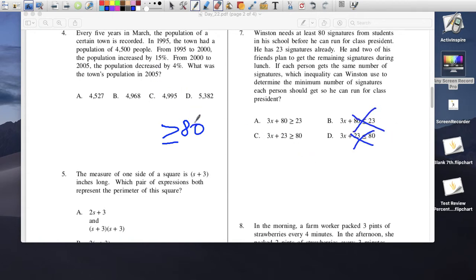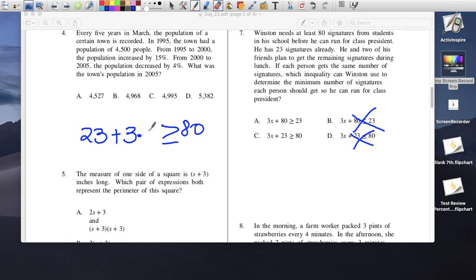He needs 80 signatures, and he has 23 already. So 23 plus the rest. Now, there are 3 people, him and 2 other friends, who have to gather signatures.